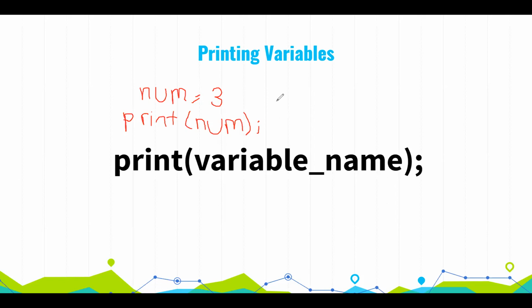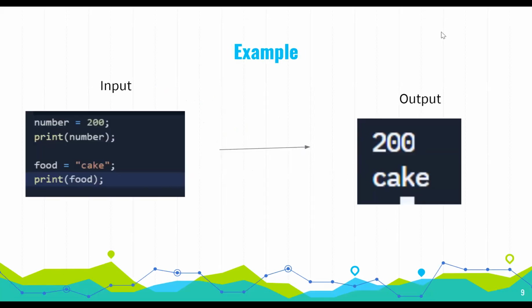I'll be showing some examples later that we can go over. So an example right here: we put number equals 200, semicolon, print number, semicolon. That prints out 200. And then food equals cake, print food, so it prints out cake.